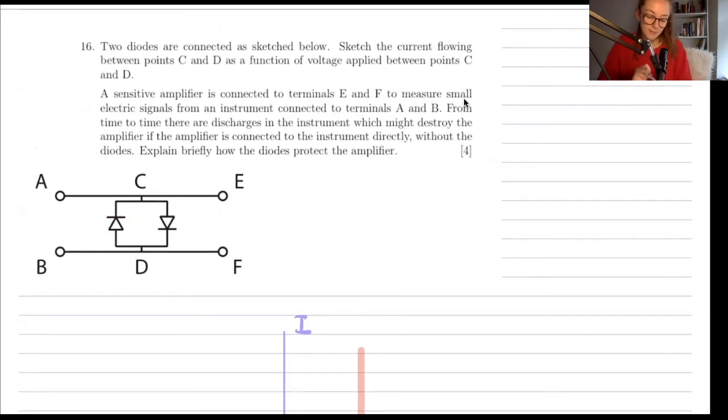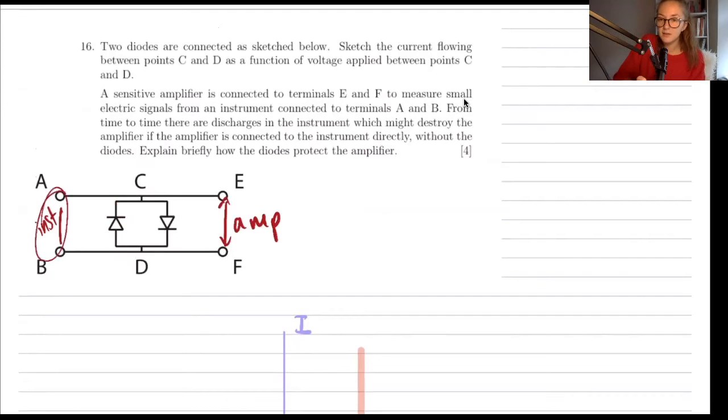So next, they explain that an instrument is put here and an amp is put here. And essentially, our amp will take whatever signal is sent by our instrument and amplify it so that we can understand it better.